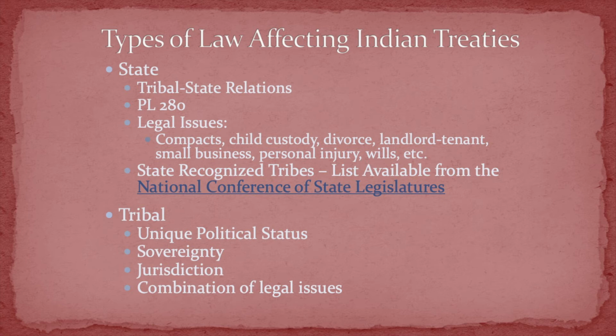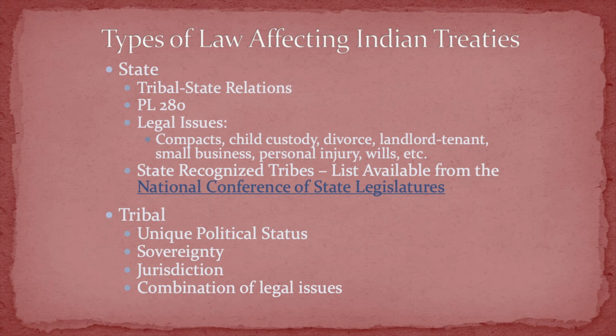There are tribal-state relations that happen because tribes and their tribal lands don't exist off by themselves. They usually exist within one or more state boundaries. And there are interactions that have to happen regarding health, welfare, police presence, fire presence.